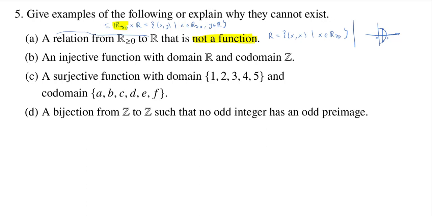The general idea is that if you have an injective function, you could think about putting your domain into the codomain, like you have a copy of the domain inside the codomain. That would mean you have a copy of the reals inside the integers, or at least something the size of the reals. But the real numbers, in a cardinality sense, are larger than the integers. So this isn't going to be possible.